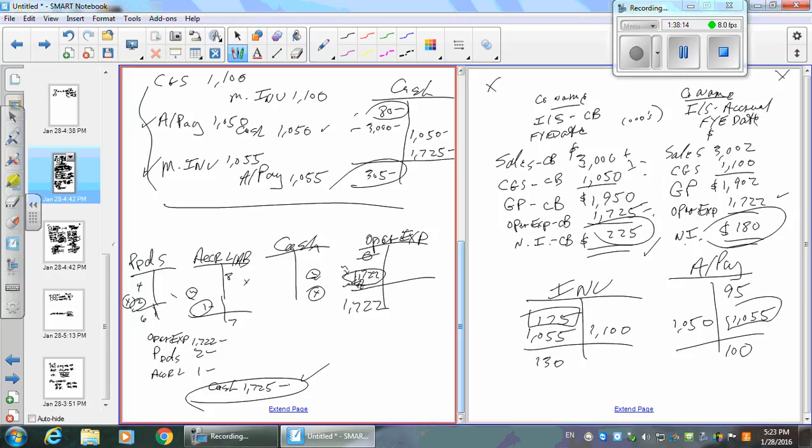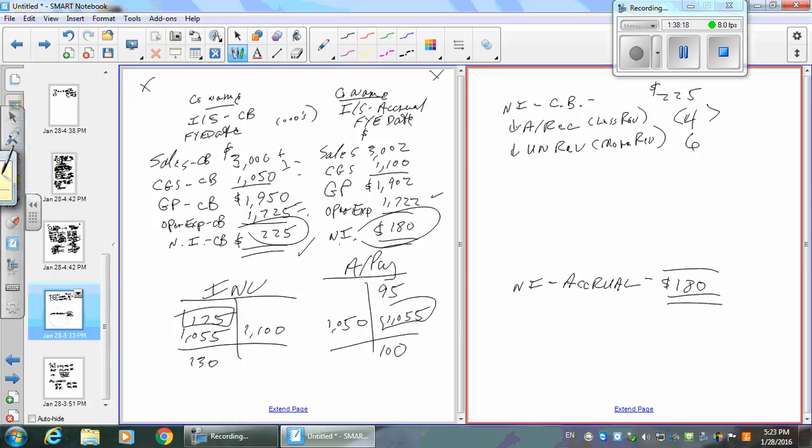Why? What happened to inventory? Decrease in inventory, which is debit cost of goods sold, right? And credit inventory.